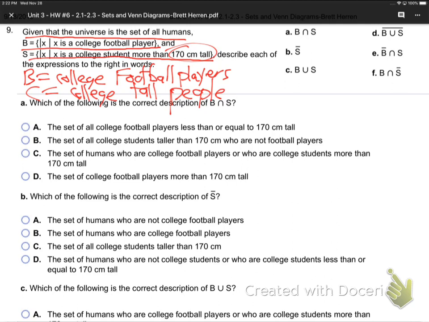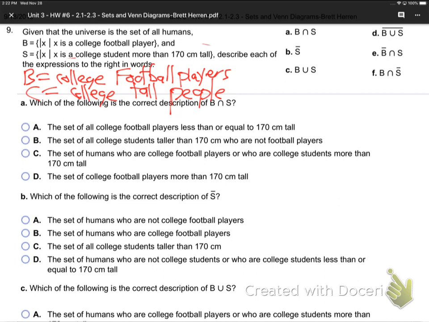So, B is the set of all college football players. S is the set of all college tall people. That little curly bracket stuff they do is called set builder notation. It just means the collection, like we're a collection of people in here. This is the collection of college football players, the collection of college tall people.